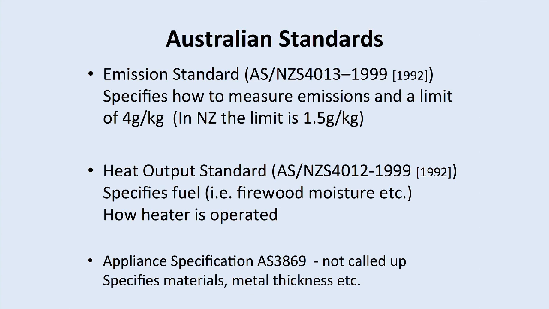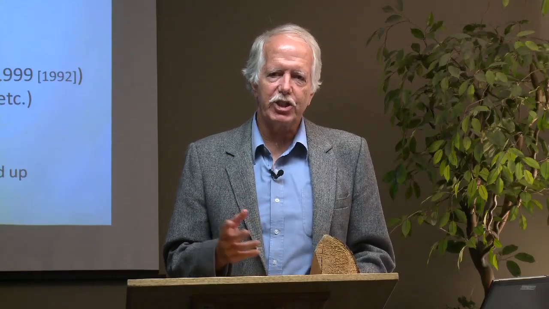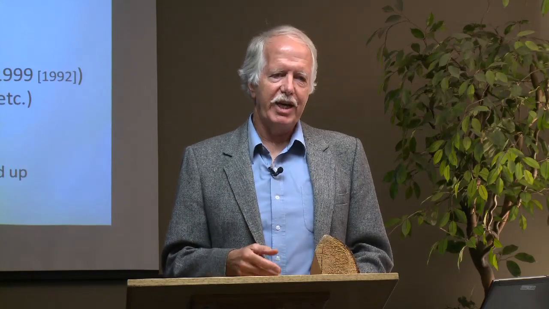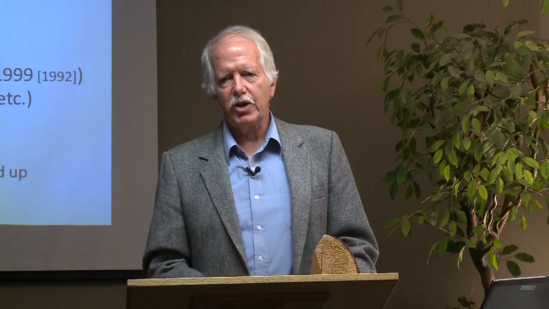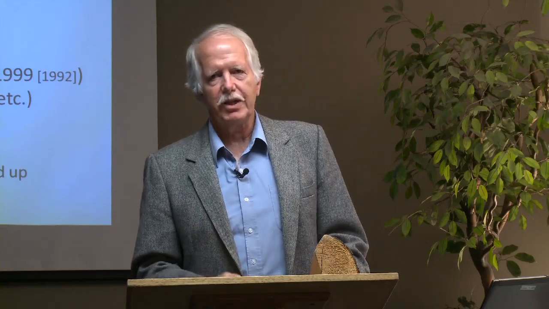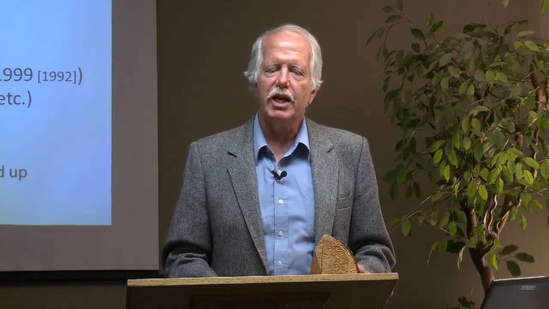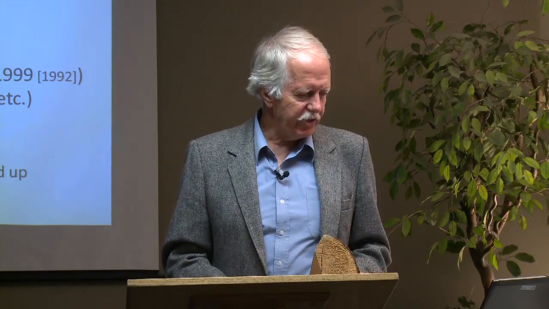Now, interestingly, in New Zealand, which uses the same standard, they say, okay, we only allow 1.5 grams of smoke per kilogram of wood burnt. So clearly there is scope for improving the design of the Australian heaters. And in fact, at the moment, the Australian Standards Committee is reviewing this, and hopefully we'll get more demanding standards in future.